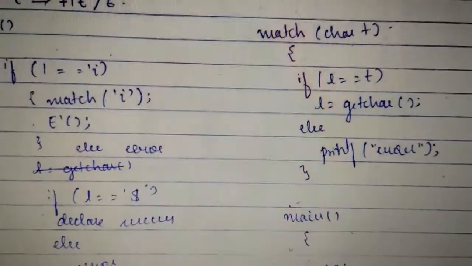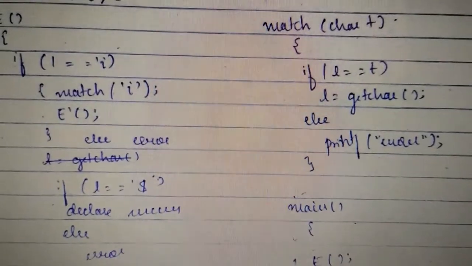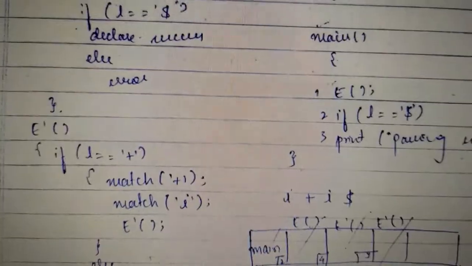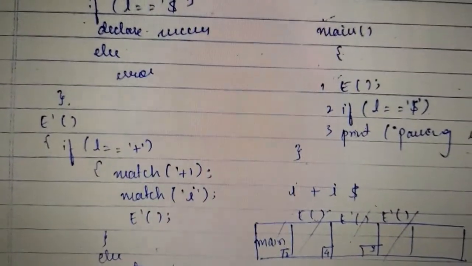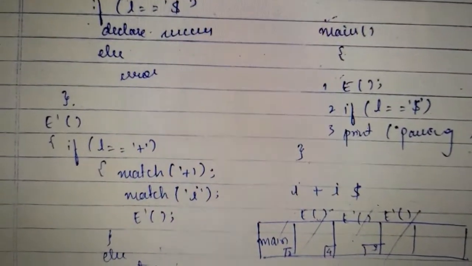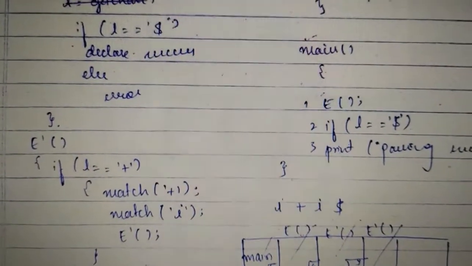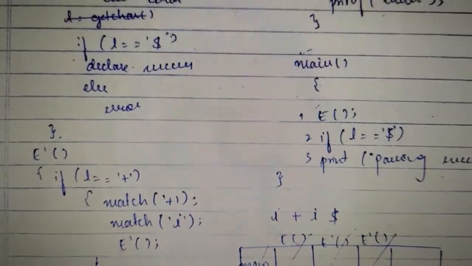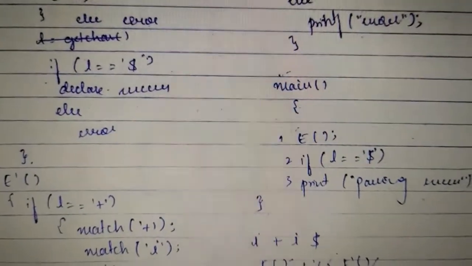This is the match function, where the lookahead will try to match with the needed terminal value. Once the input value is matched, if it is following the grammar, the recursive descent parsing will be successful. So this is about recursive descent parsing.